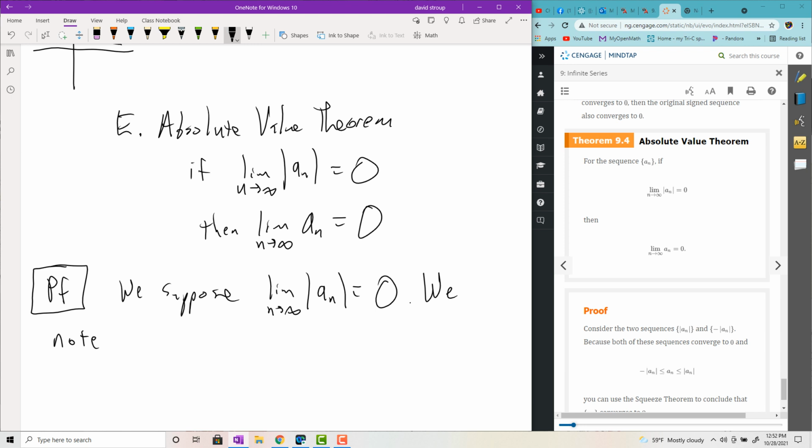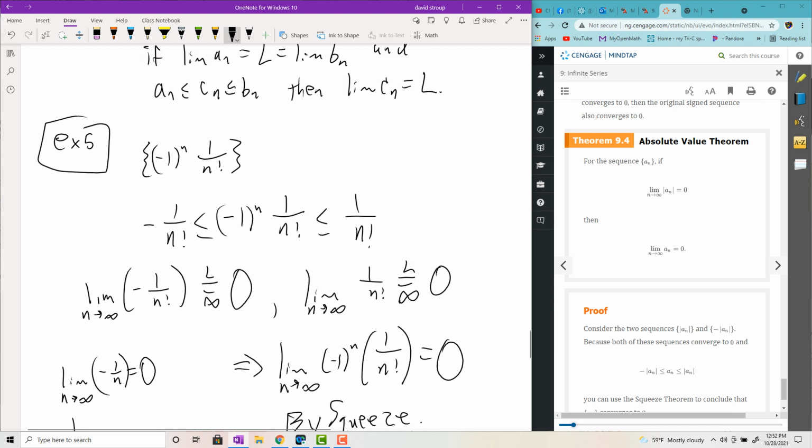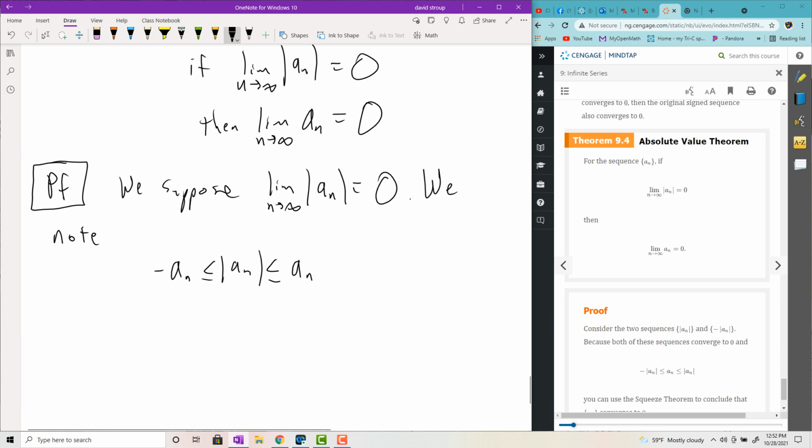So we note this factoid about absolute values, which is one of those things, right? The absolute value of a value is in between the actual value and the negative of the value. It's kind of like what I did up here with this inequality. Then you could do a squeeze theorem.